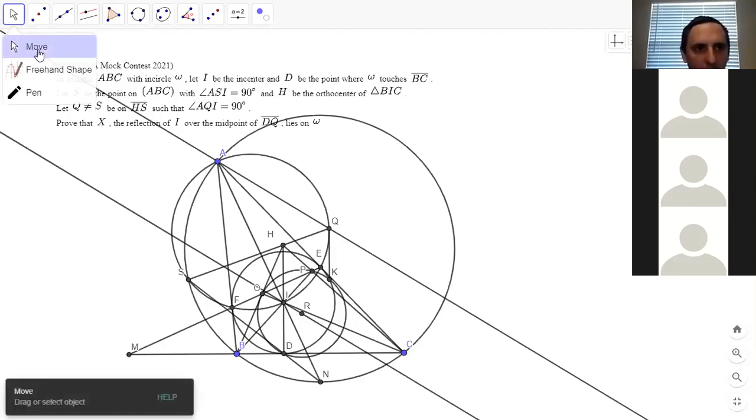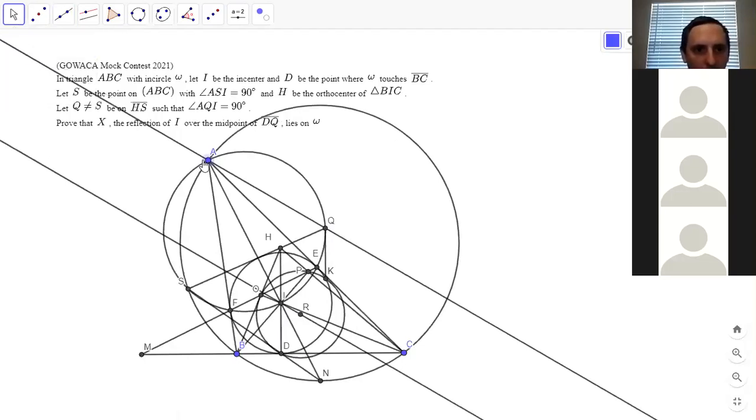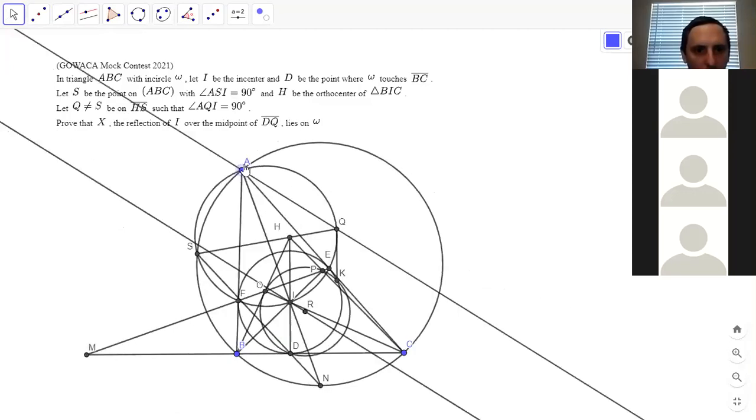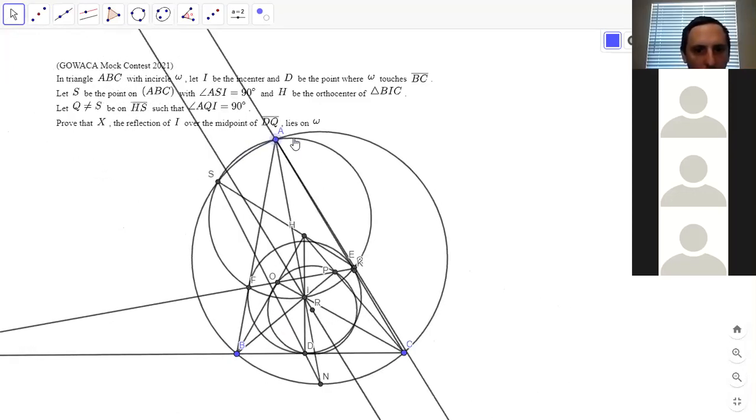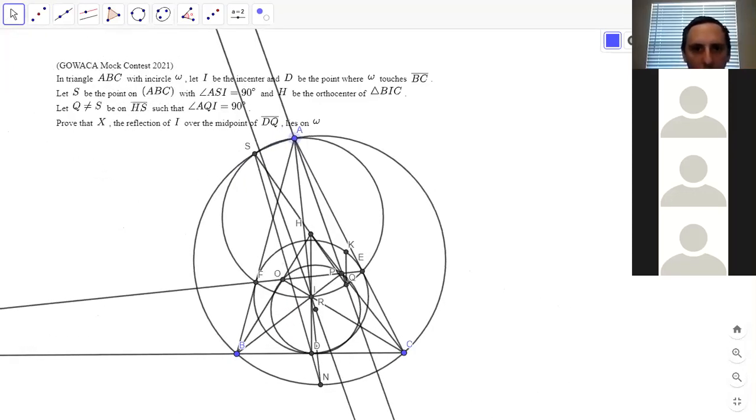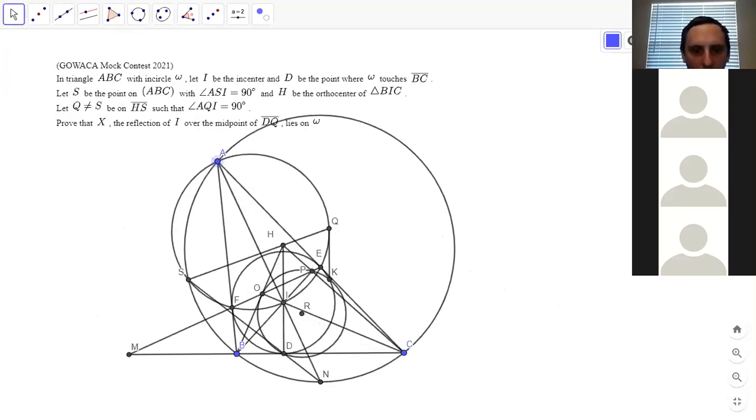It's interesting. We want to show that DK is perpendicular to AQ. So AQ is perpendicular to IQ.